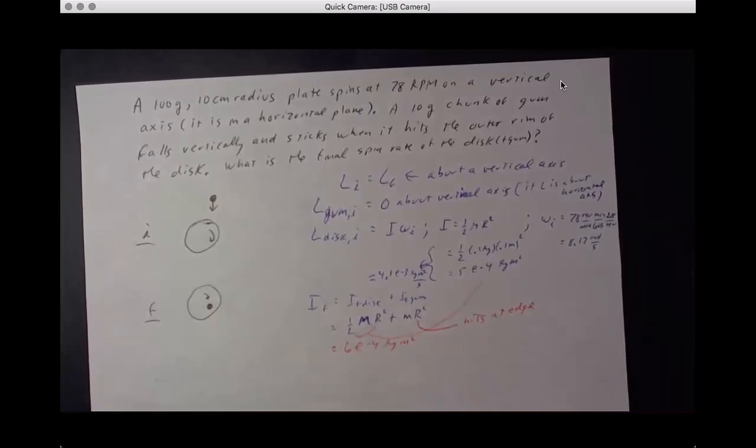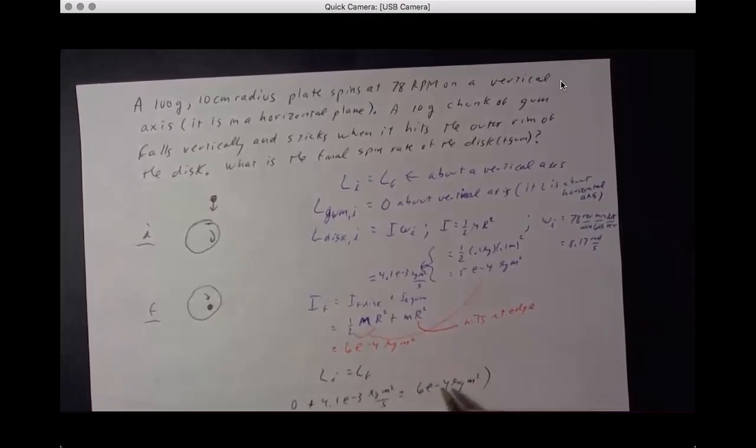And so we jump back now to L initial is equal to L final. L initial is 0 plus 4.1 e minus 3 kilogram meters squared per second is equal to 6e minus 4 kilogram meters squared times omega final.